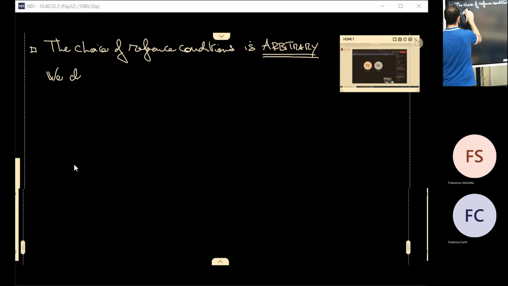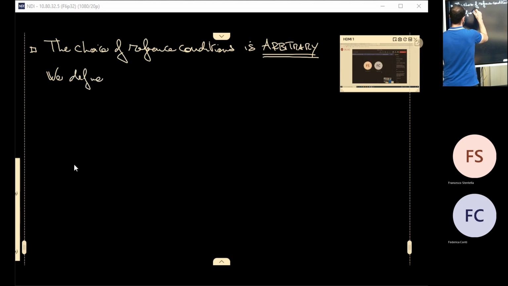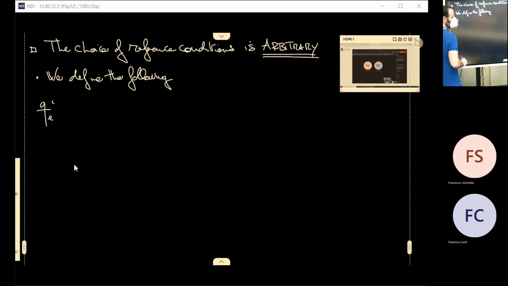We define the following. We say that Q_e^i, the vector of nodal coordinates of the overall body, can in fact be divided into two parts.